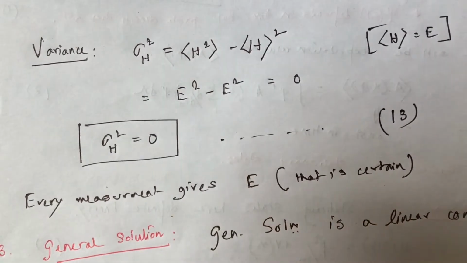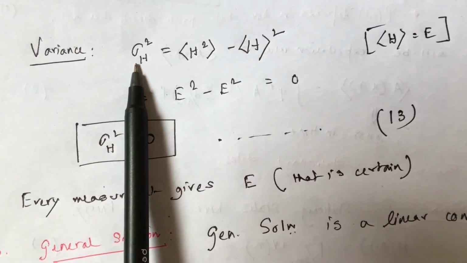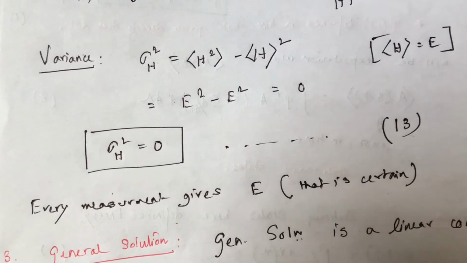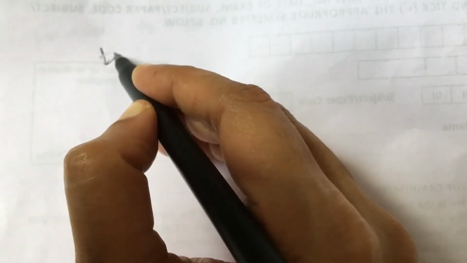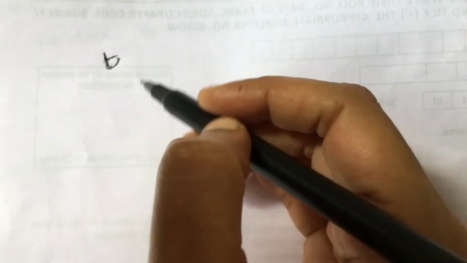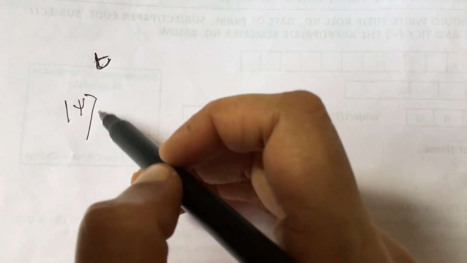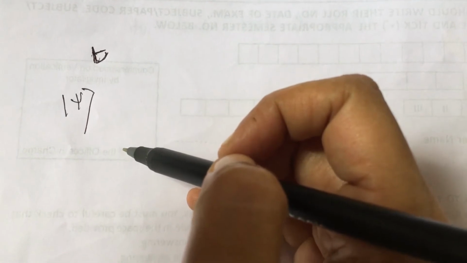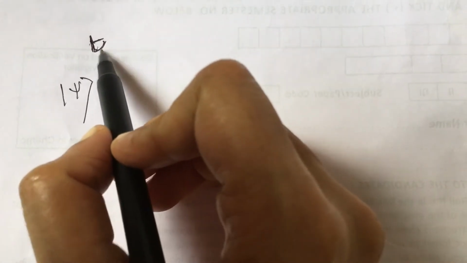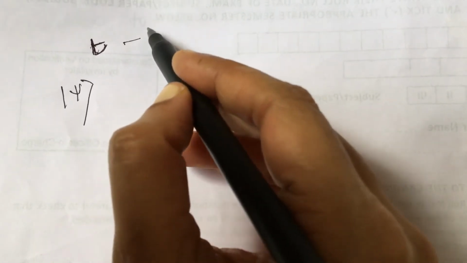Variance, sorry for the interruption. What I mean by variance is, suppose I am trying to measure a quantity T for a certain state, say psi. Suppose I have measured the value of this quantity as T, but I expect this.